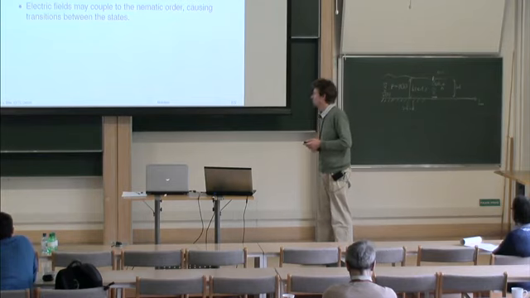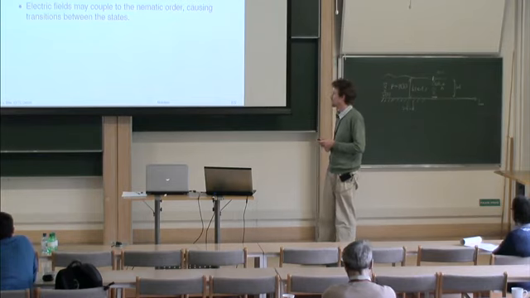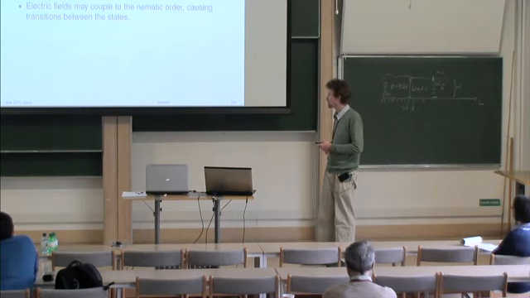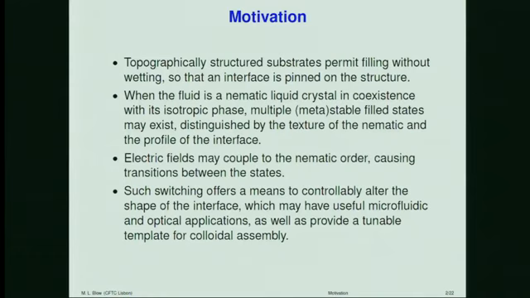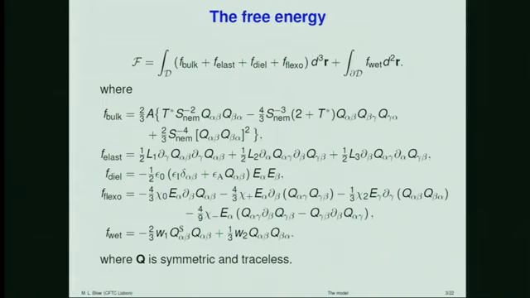And we also know that electric fields couple to nematic order, and this may cause transitions between these states, and such switching offers a means to control the shape of the interface, and this may be useful for microfluidic or optical applications, possibly also for colloidal self-assembly.